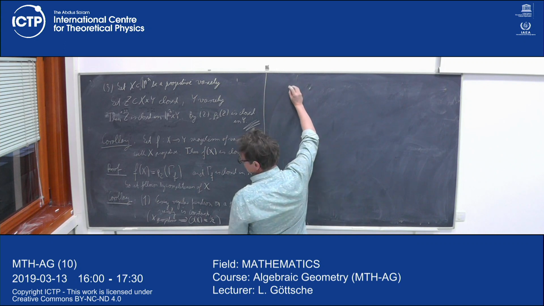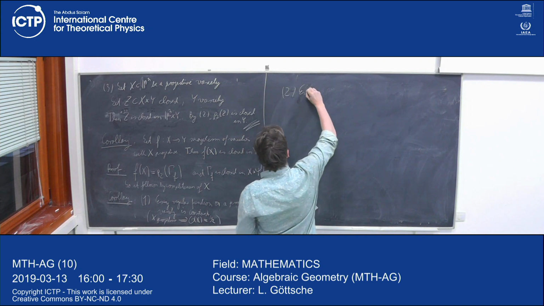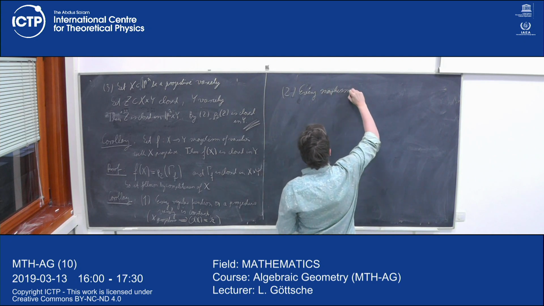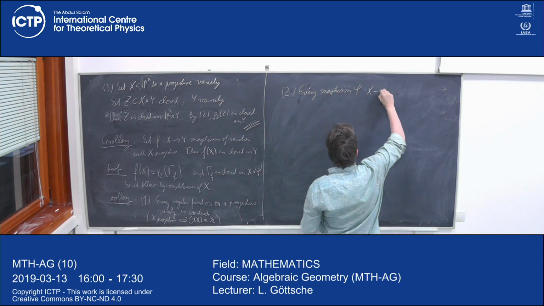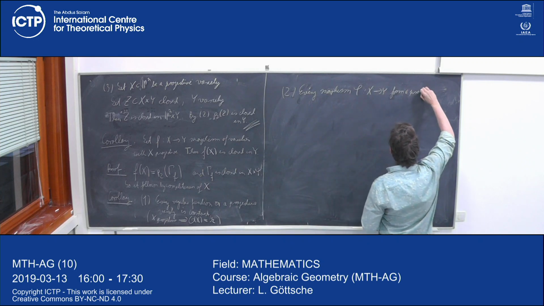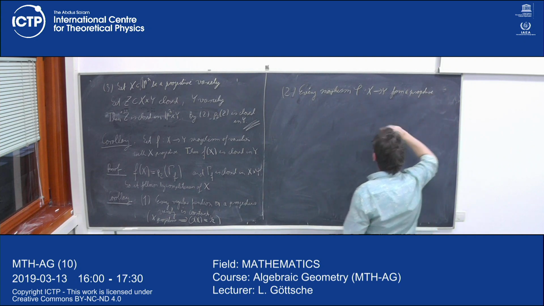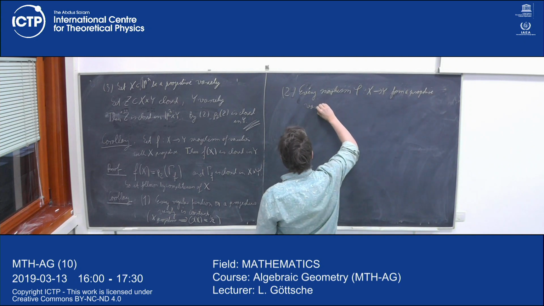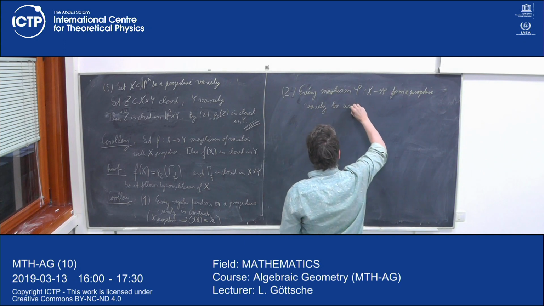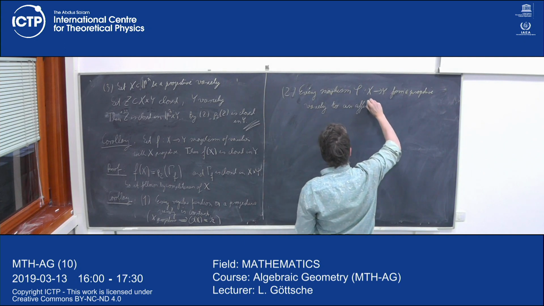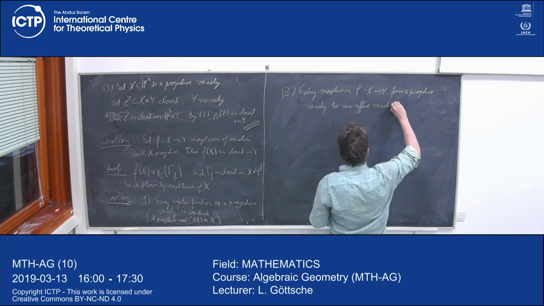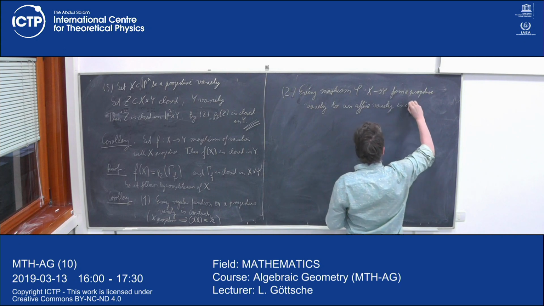So that means, second, every morphism φ from X to Y, from a projective variety to an affine variety, is constant.